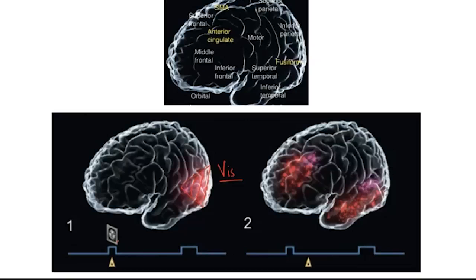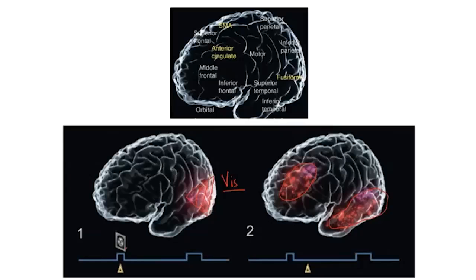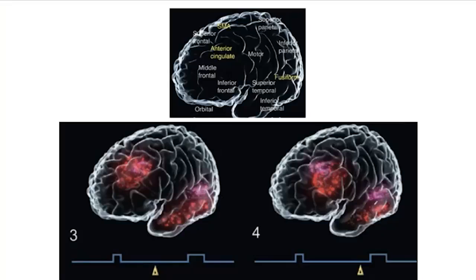Those areas keep the information in collaboration with areas such as the medial frontal gyrus and anterior cingulate cortex. They keep remaining active, as you can see here, over the 20 seconds of delay until the question that we are going to get in the next part.